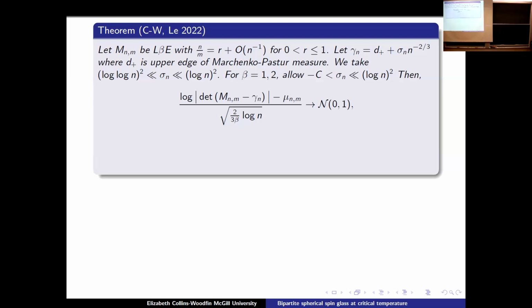Because when you do it for beta equals 2, you integrate over the complex sphere. When you do it for beta equals 1, you integrate over the real sphere. No, I think you would still just take your vectors to be on a real dimensional sphere, regardless of what the entries of the random matrix are.